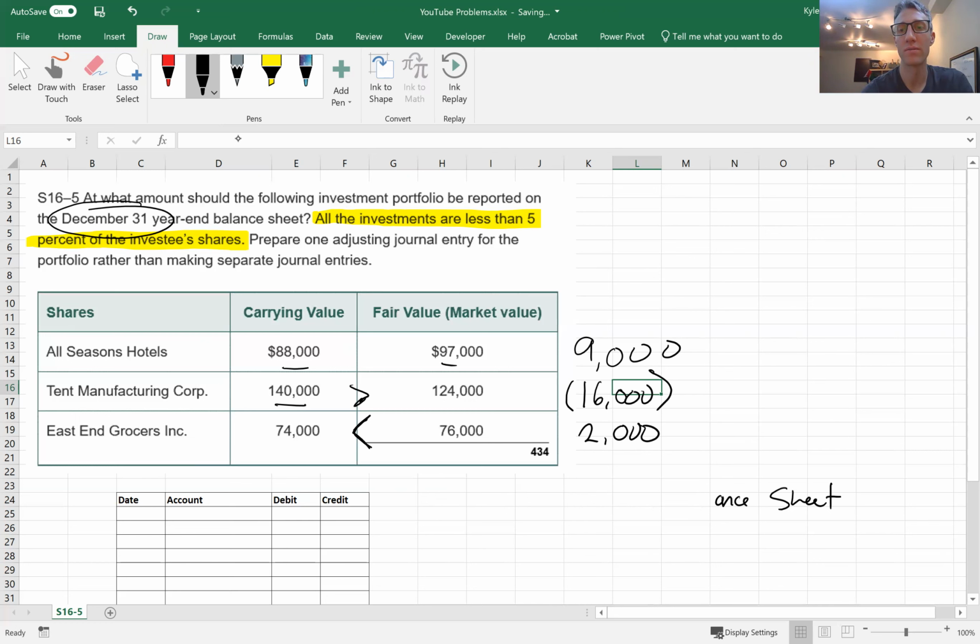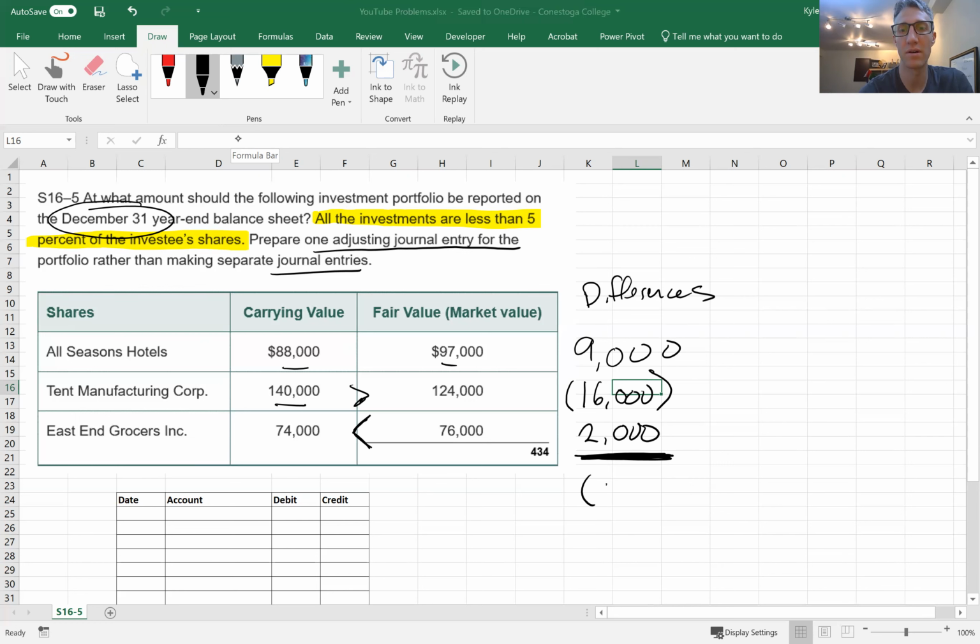Overall, this question told us to do just one adjusting journal entry. So the adjusting journal entry is going to be the sum of all of these differences. So we've got 11,000.